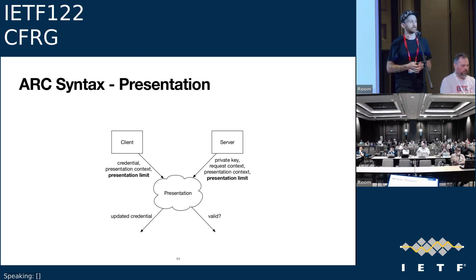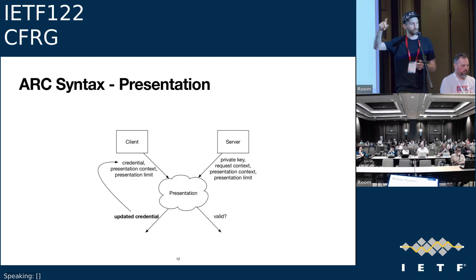And the client gets an updated credential, which it can then later on use for producing another presentation up to the rate limit. So it can go through this process many, many times, depending on what the rate limit is. And once it hits that rate limit, the client can't spend or use the credential again without violating its own privacy. You effectively get a double spend sort of scenario.